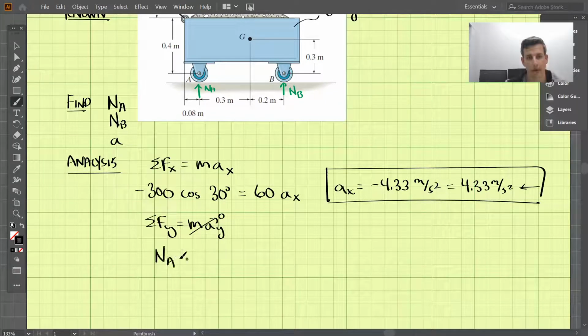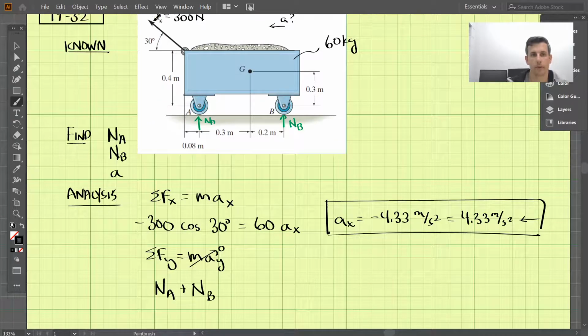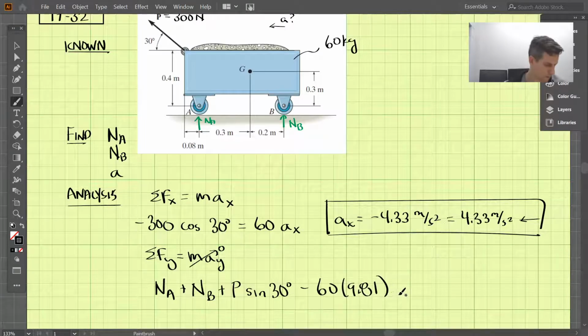We have NA plus NB going upwards, then P sine 30 degrees, the component of P, and then the weight of the object, 60 kilograms times 9.81, downward, and that should equal 0.